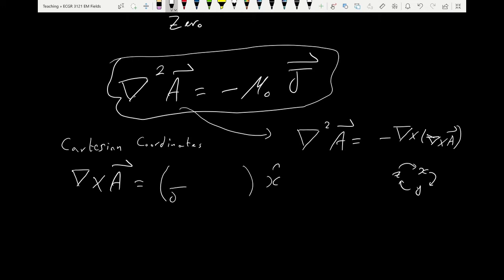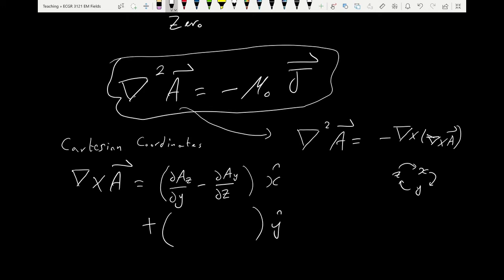So the x component has a delta over delta y here minus something over delta z. I'm just writing down the pattern. And then here I take the cross, right? So this becomes az, and this needs to be ay. So the pattern is easy to figure out without memorization.